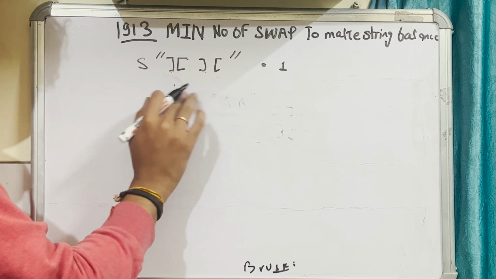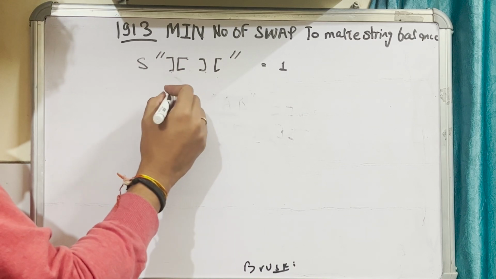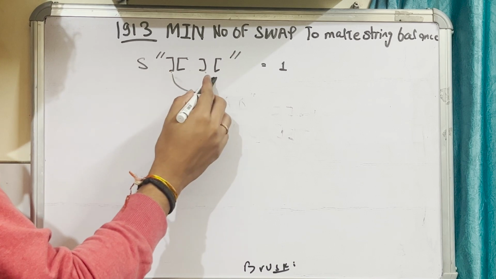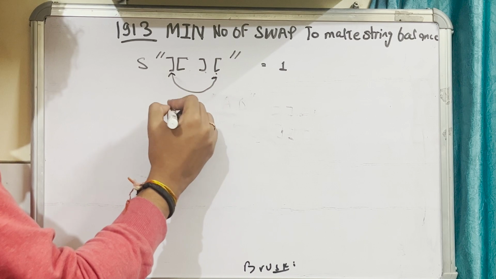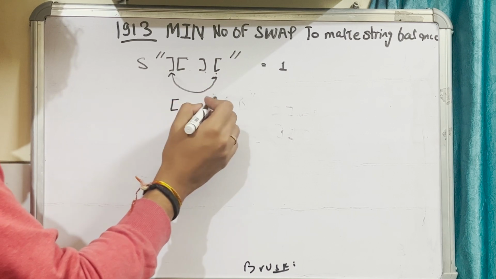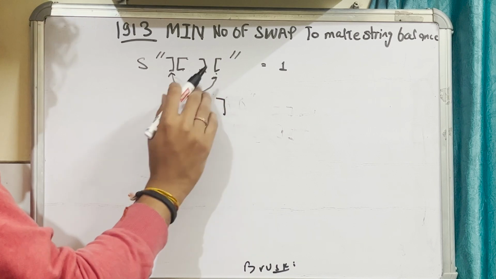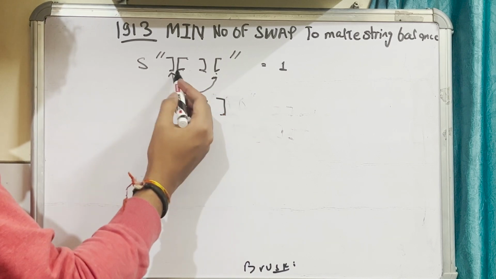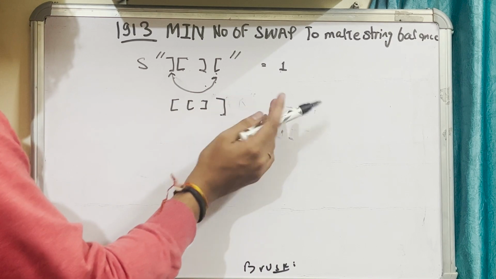So you have to swap it in a way that it becomes a balanced string. So opening will come here and closing will come here, and these two will remain as they are. You did one swap, so you'll return 1 as an output.